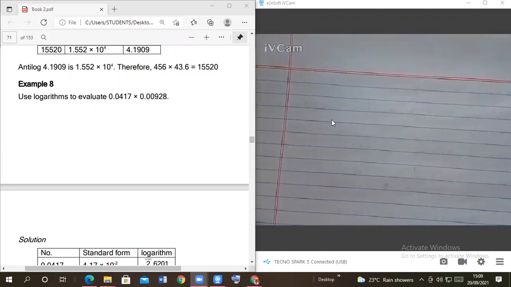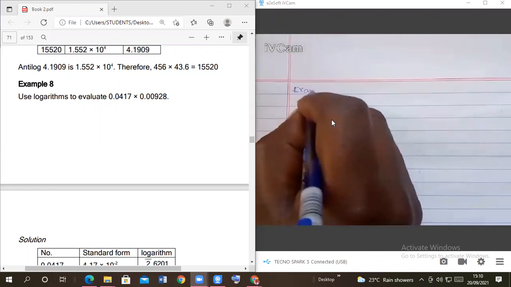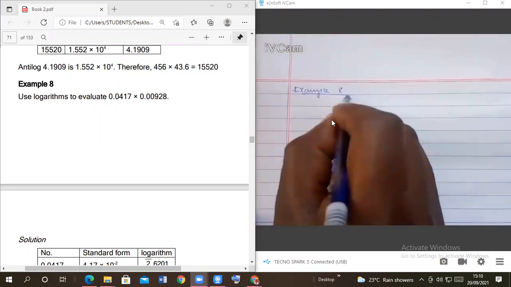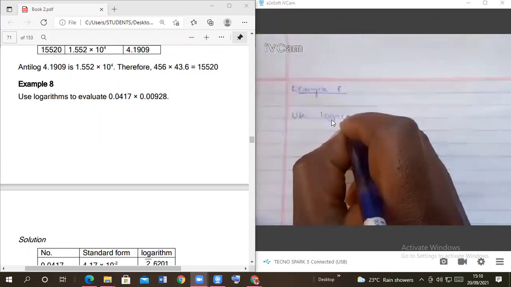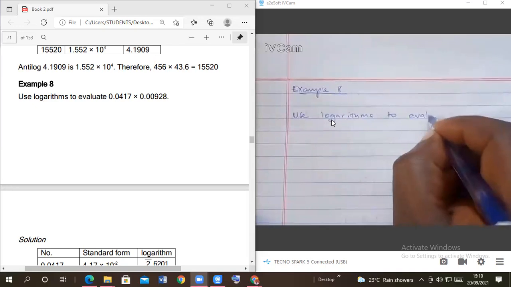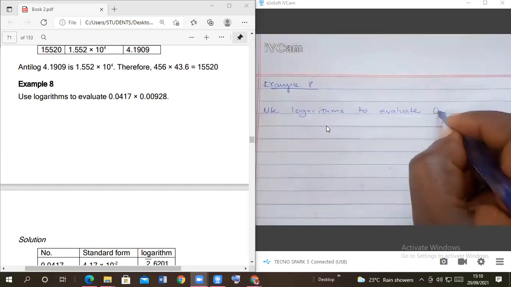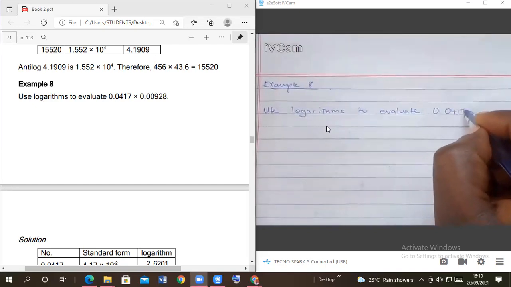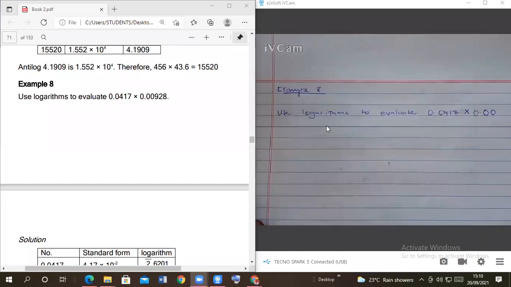So we have, they're telling us to use example 8. Use logarithm to evaluate 0.0417 times 0.00928.